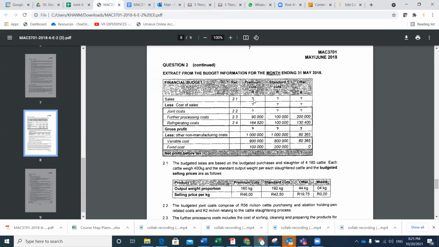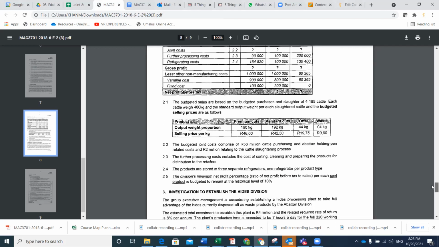Now remember what they said. They said each joint product must have a net profit percentage of 10%. Net profit percentage is net profit divided by sales. Yeah, so net profit before tax to sales must equal 10%.